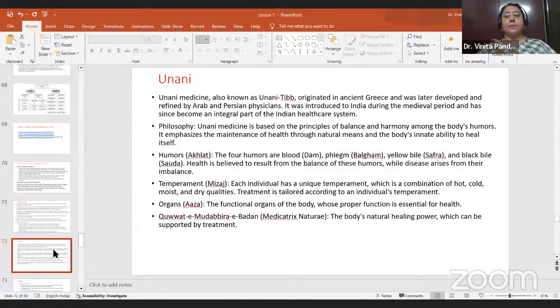Modern science, modern research today is definitely accepting, or its research is proving, that the body has a tremendous ability to heal itself, provided we provide the right kind of conditions for the body to heal itself. And that is why I was reading one of the articles. They said that the major part of this healing happens between 12 and 2:30.